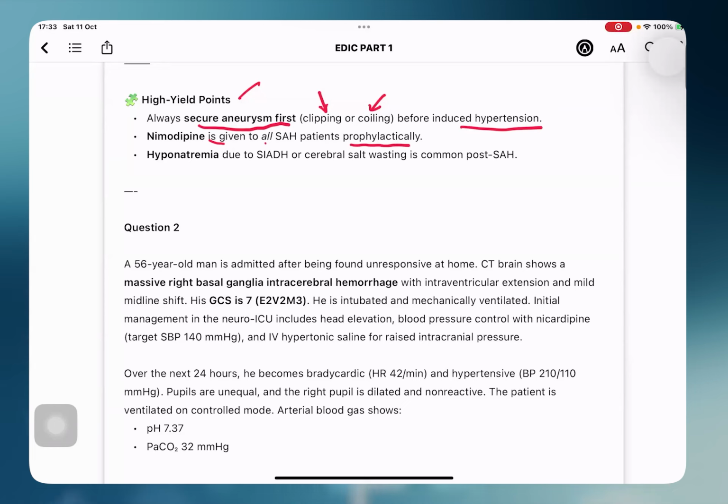Over the next 24 hours, this patient becomes bradycardic. His heart rate is 42, blood pressure rises to 210 by 110. Pupils are unequal, and the right pupil is dilated and not reacting. The patient is ventilated in a controlled mode.